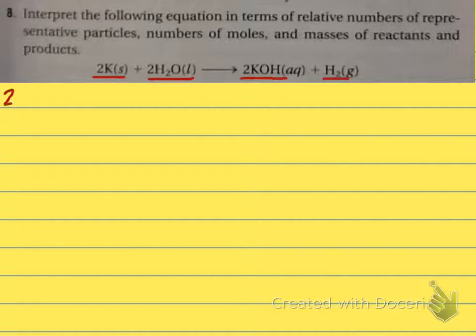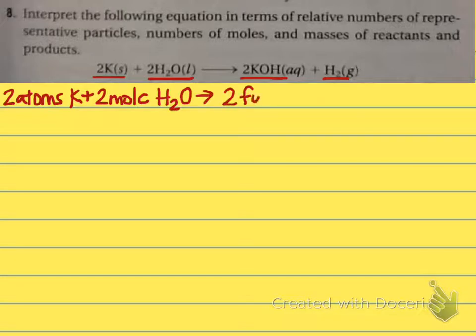This is a molecular compound, so that'll be molecules. So I have 2 atoms of potassium. I have 2 molecules of water. I have 2 formula units of potassium hydroxide. And I have 1 molecule of hydrogen. So the particle I use depends upon the substance itself.